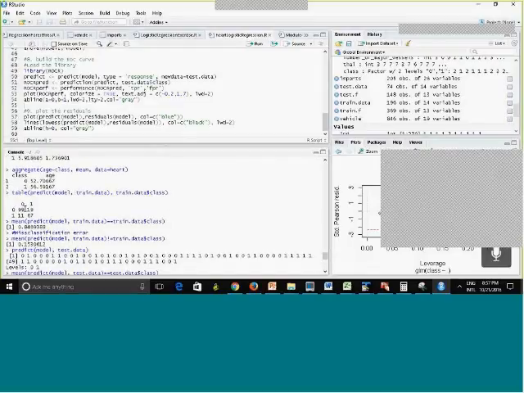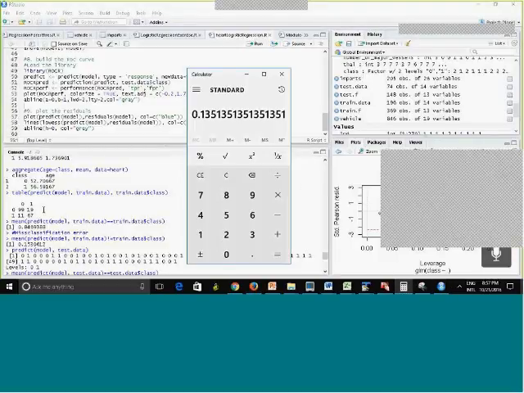Train. Sorry, this is the training, right? So I'm going to look at this training data. I have 196 observations, right? So out of 196, what I have to do is add 99 plus 67, right?